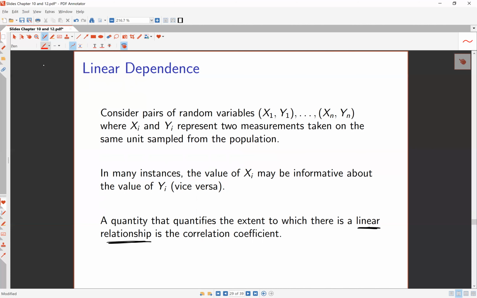And we talk about that as a correlation coefficient. You'll often also see this referred to as Pearson's correlation coefficient. Pearson was a British statistician. He did some revolutionary work in terms of figuring out how to quantify the strengths of these relationships.